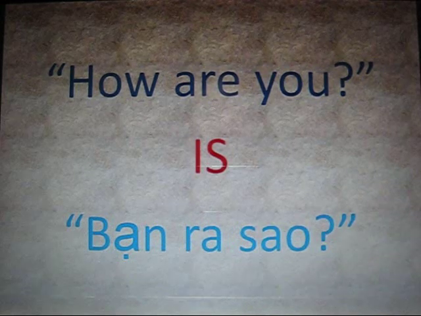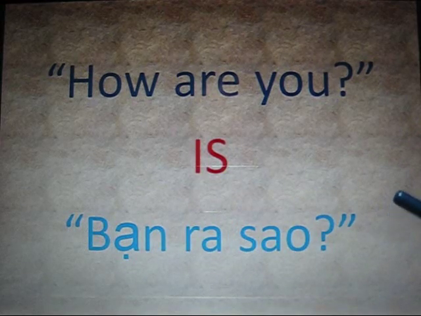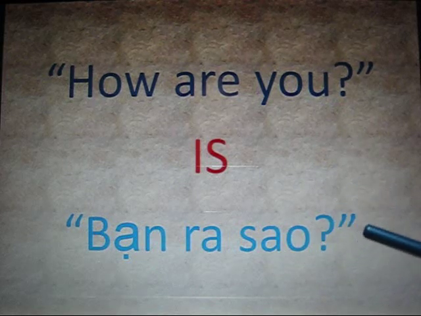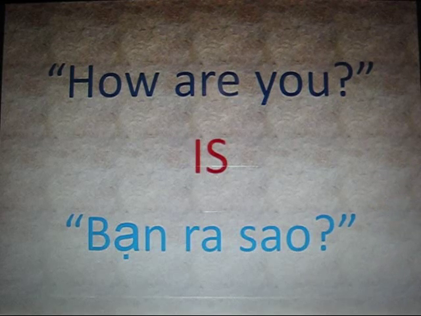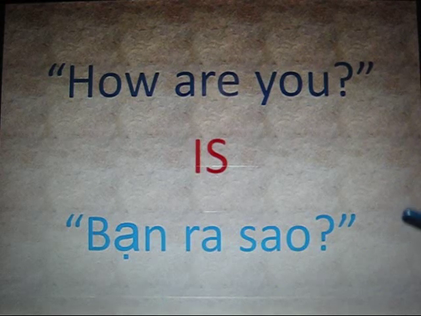But please, we don't just use "bạn ra sao" in our communication. We have some other words like "dạo này bạn ra sao." The word "dạo này" is "lately," but you don't need to know that right now.